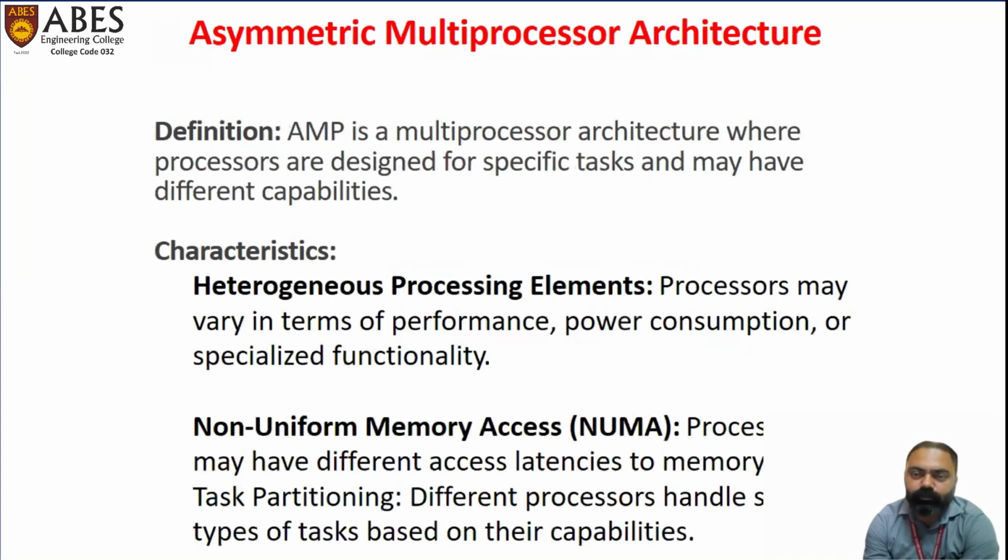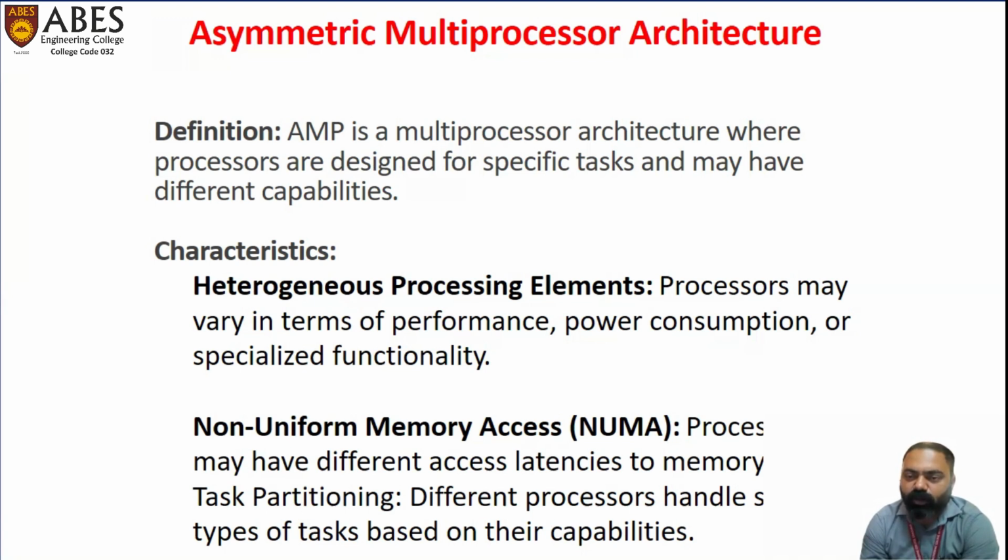Now, what is AMP? Asymmetric multiprocessor. AMP is a multiprocessor architecture where processors are designed for specific tasks and may have different capabilities. In AMP, there can be multiple processors with different capabilities, and there is a processor which acts as a master and others as slaves.